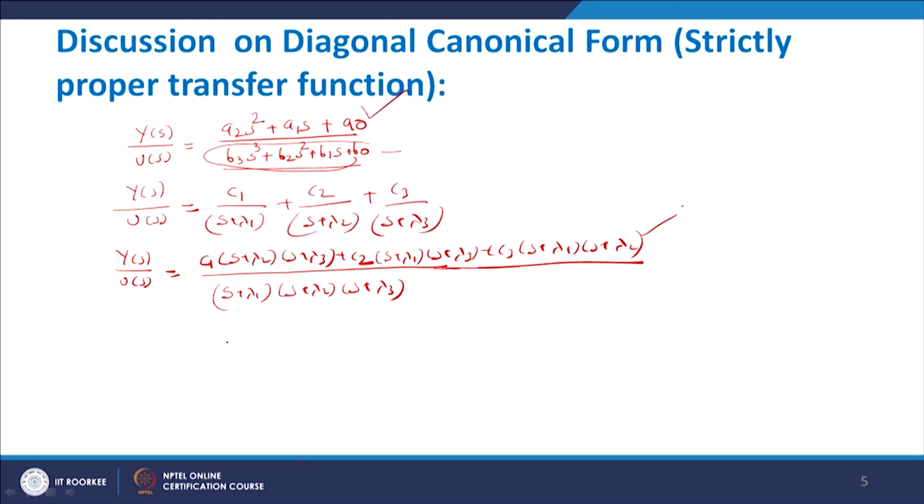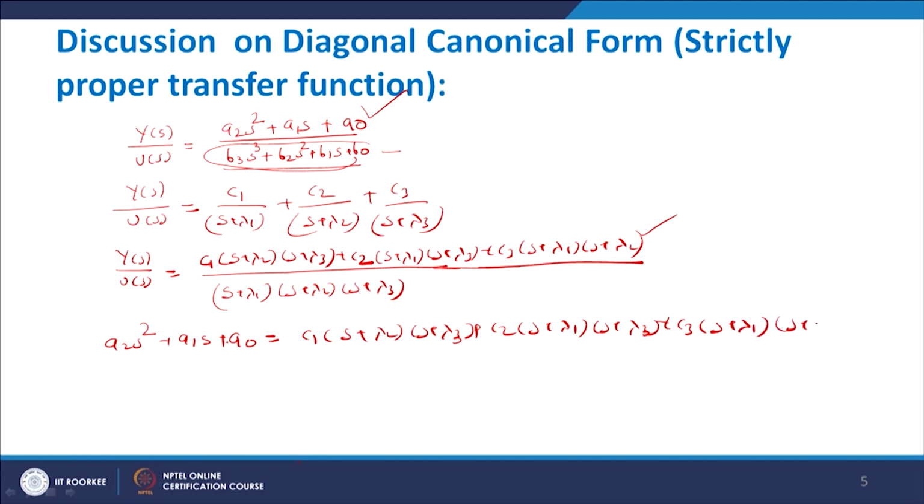If you compare, we write down a2 s square plus a1 s plus a naught equals C1 (s plus lambda 2)(s plus lambda 3) plus C2 (s plus lambda 1)(s plus lambda 3) plus C3 (s plus lambda 1)(s plus lambda 2). So, this equation we have written. Now, our main purpose here is to get the values of C1, C2 and C3.